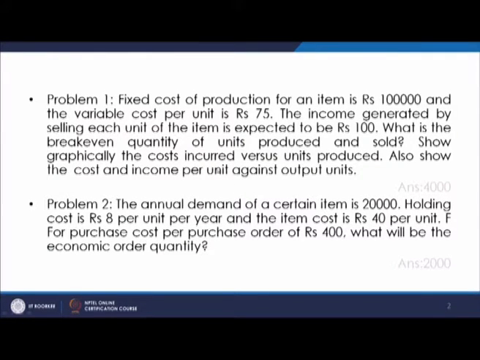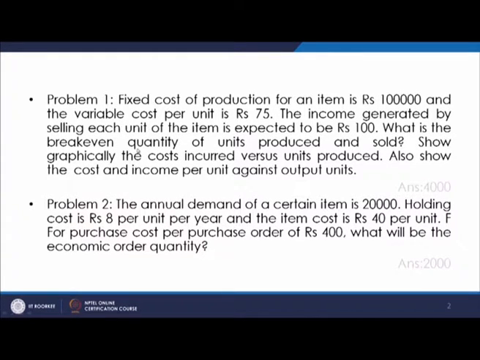The problem is like this: the fixed cost of production of an item is rupees 1 lakh and the variable cost per unit is given as rupees 75. The income generated by selling each unit of the item is expected to be rupees 100. So, you have fixed cost, the variable cost per unit as well as the selling cost.